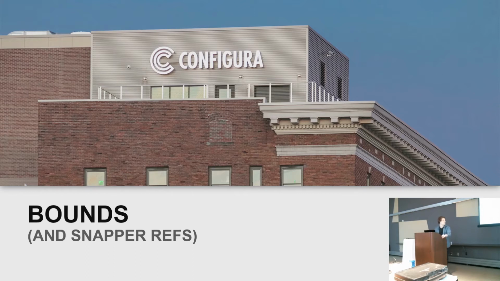And today I will be talking about bounds and snapper references. And to preface, honestly, snapper refs are not ready. As of 2 days ago, these were cut out of the presentation because they are still in flux. They are still being programmed. As of 2 days ago, the constructor for this changed and all of their fields changed as well. So they do not currently play nicely with save drawings, favorites, copy system.